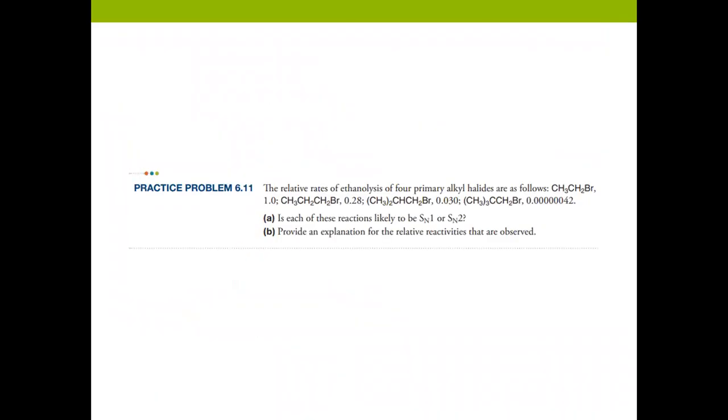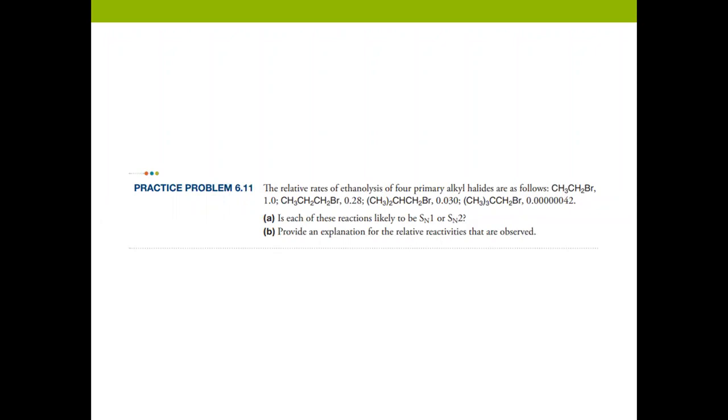So let's have a practice. Last time we talked about the solvolysis reaction. Whenever we have a solvent that is involved in the reaction, like water or alcohol, methanol, ethanol, they also become our nucleophile. In cases like that, we call it a solvolysis kind of reaction.